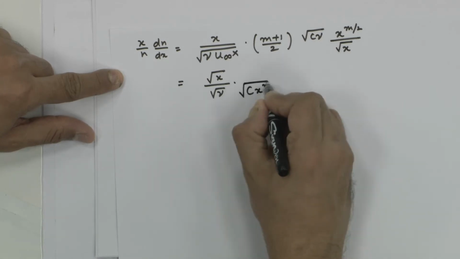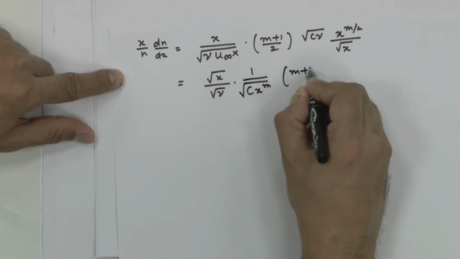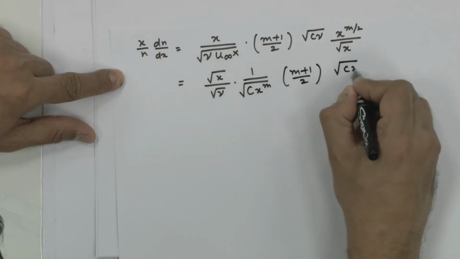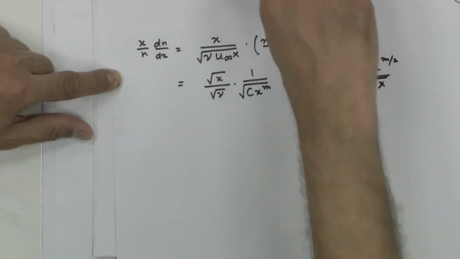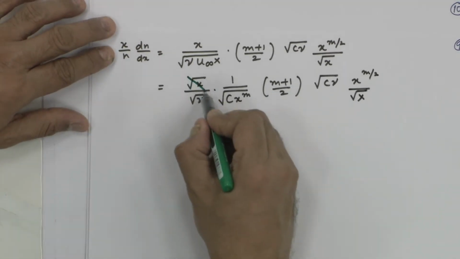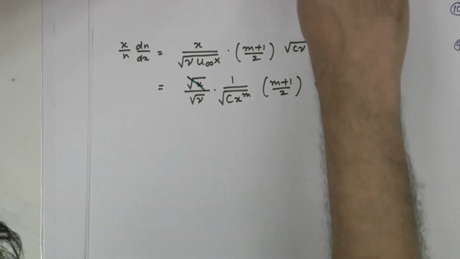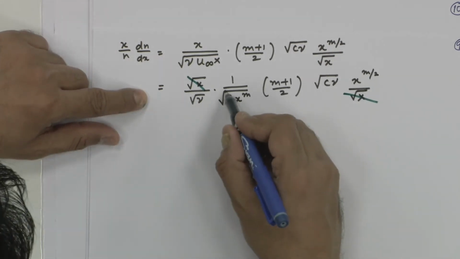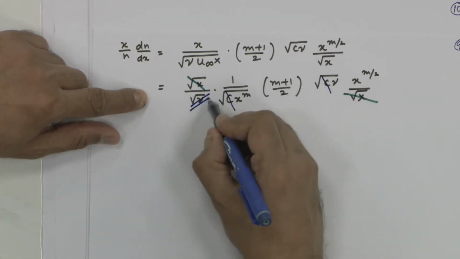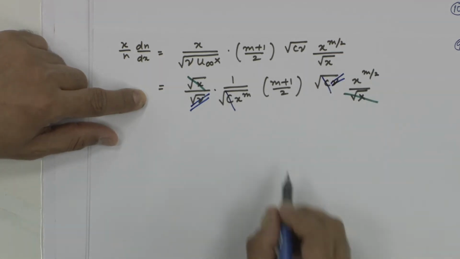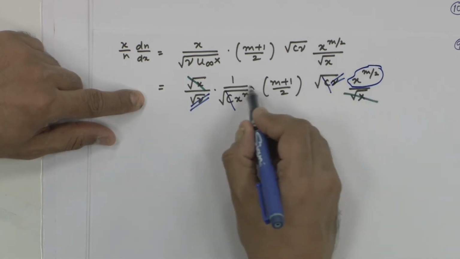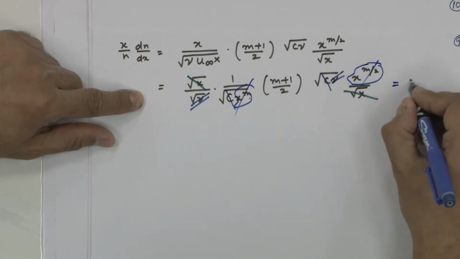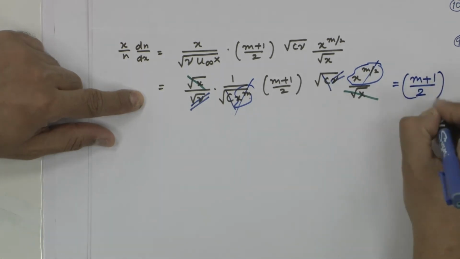So this is 1 by cx to the power m, m plus 1 by 2 root of c nu x to the power m by 2 divided by root x. Now let us look very carefully here. Root x, root c, root nu, x to the power m by 2 in the denominator, x to the power m by 2 in the numerator. This also cancels, and I am left with m plus 1 by 2. That is the beauty of this simplification.